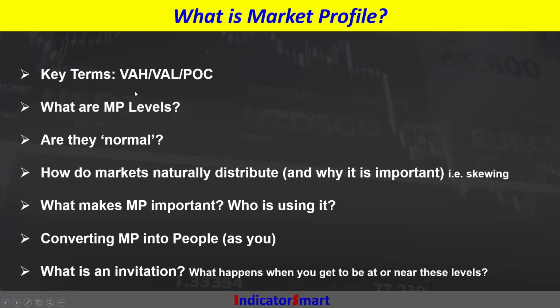I had already discussed the value area high, value area low, and point of control, and what those levels are. We also discussed the fact that they are actually random at their core, and normal is another word for random. But that doesn't make it unusable. Actually, it's quite usable, but you have to take it contextually.